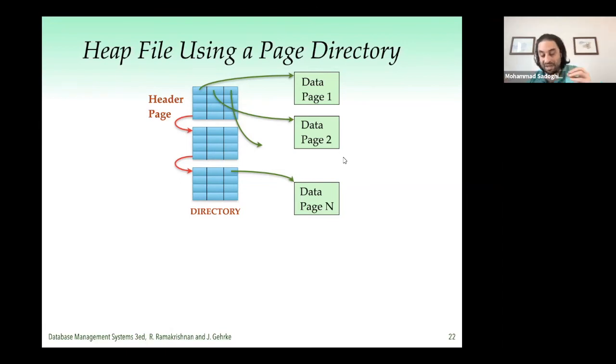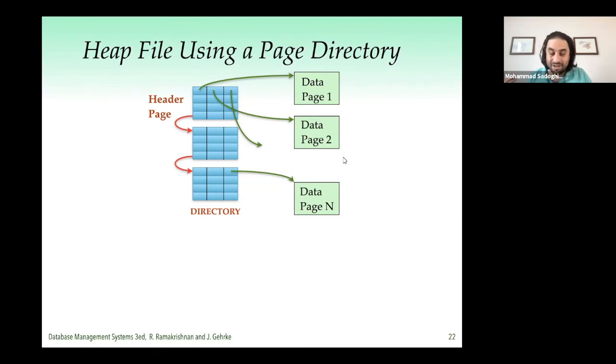So from that page ID, I still need a physical reference to where that page is located on the device. But if I have a very simple design where my table consists of one file, for example, and my page ID 20 would be the 20th page in the file, then I could just compute the offset of the 20th page and construct a physical reference, as opposed to the page ID in my RID.